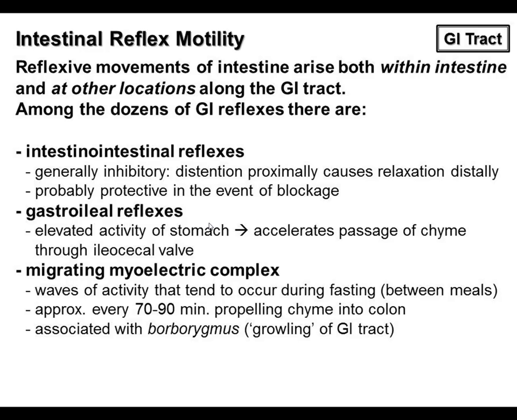That's associated with what we call borborygmus, and that is the growling of the GI tract. Okay, so these are the reflexes that we have and the centers that control them. We have the intestinal reflex, the gastroileal reflex, and the migrating myoelectric complex, which gives you the growling noises when one is hungry.